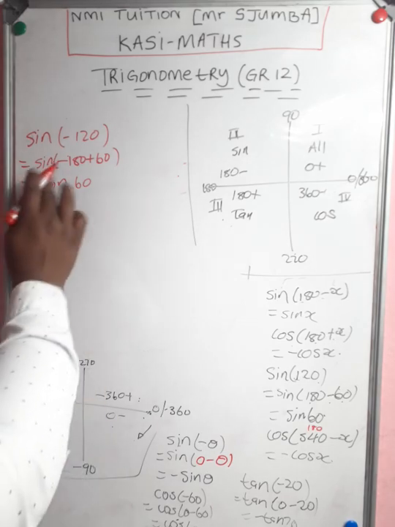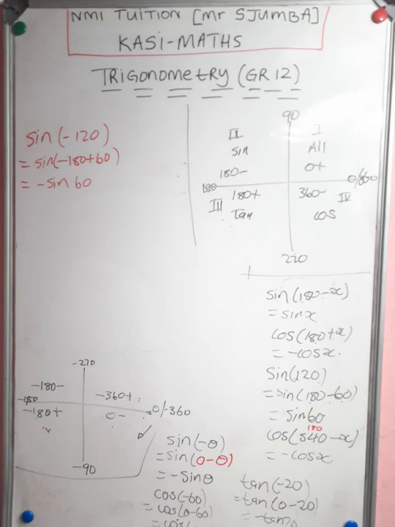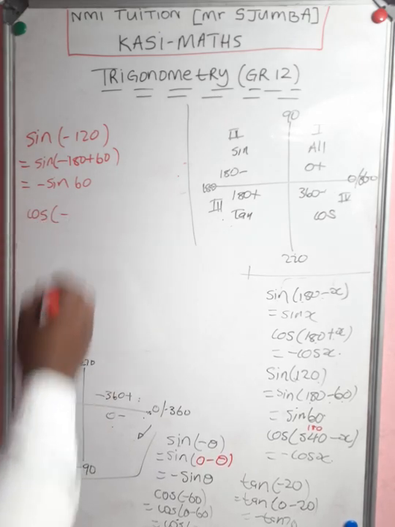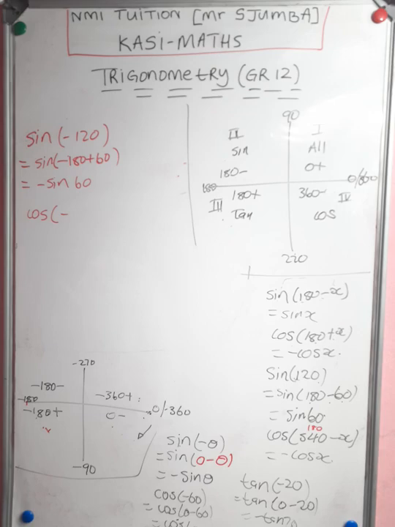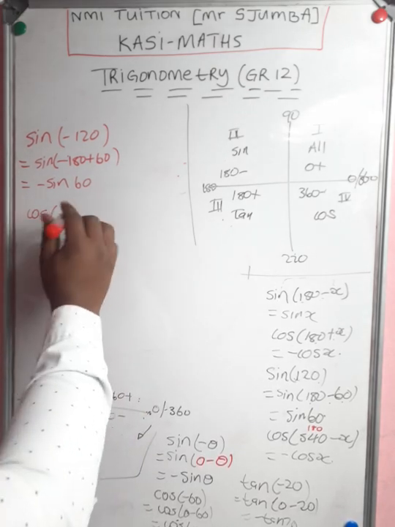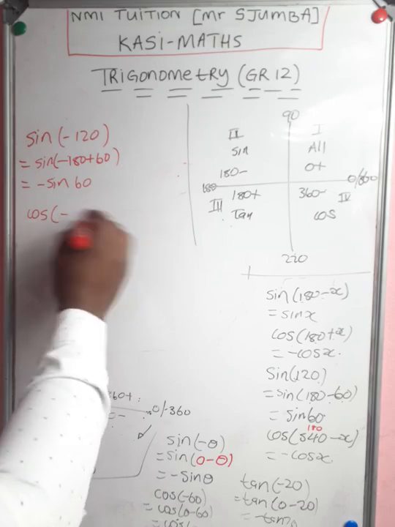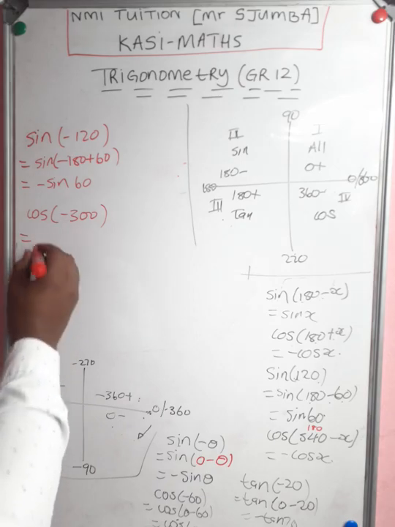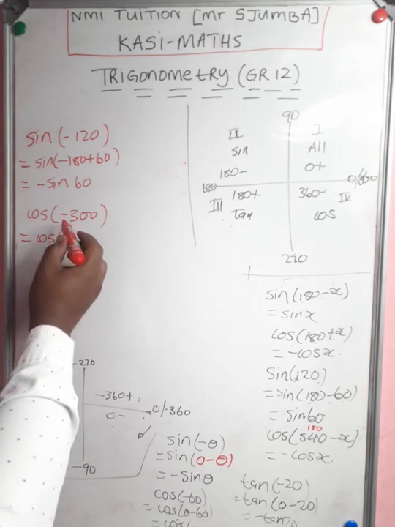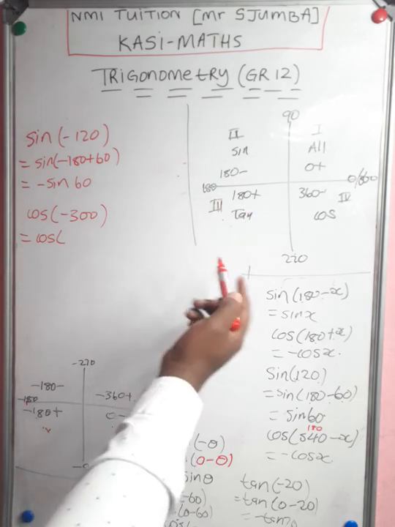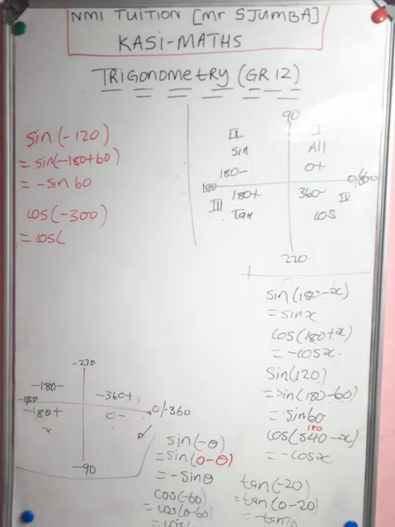Yes? So it doesn't matter where it is. So let's say maybe we have cos negative 300. Yes, negative 300. Here we can change 300 to cos 270 minus, 270 minus 8, but we should avoid 270 and 90, no?